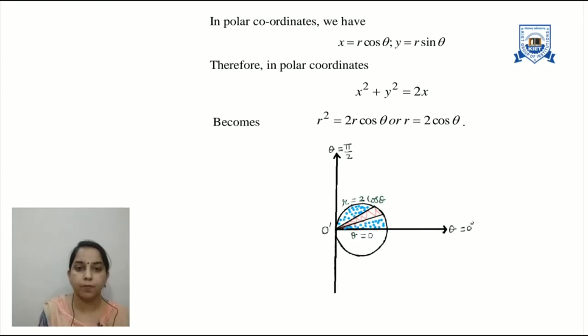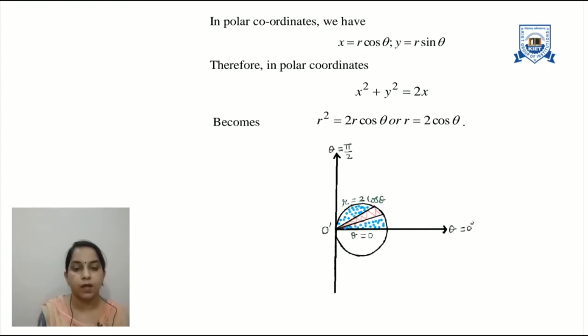Now applying the polar transformation, we have x equals r cos theta and y equals r sin theta, so that in polar coordinates the circle x square plus y square equals 2x reduces to the form r equals 2 cos theta.